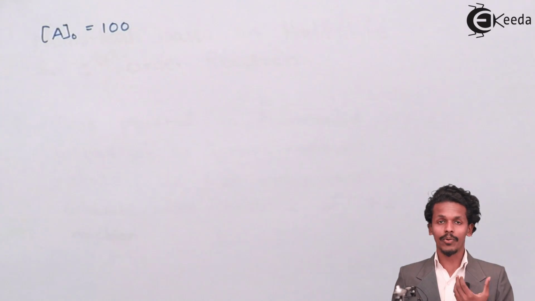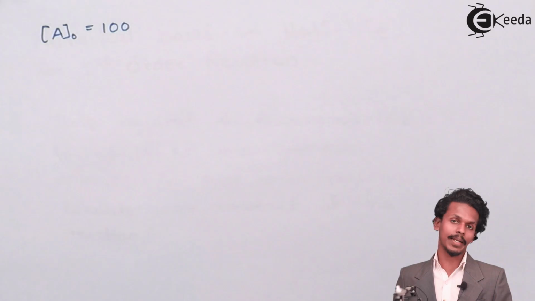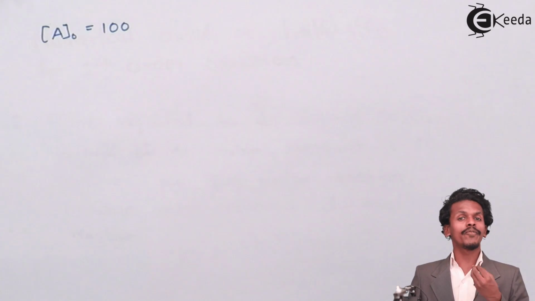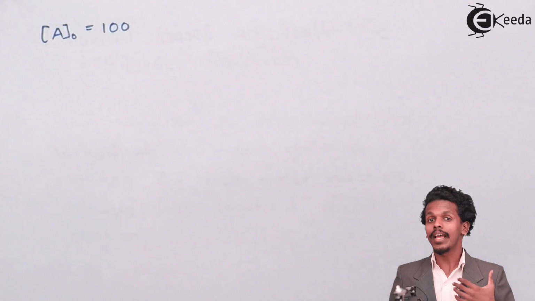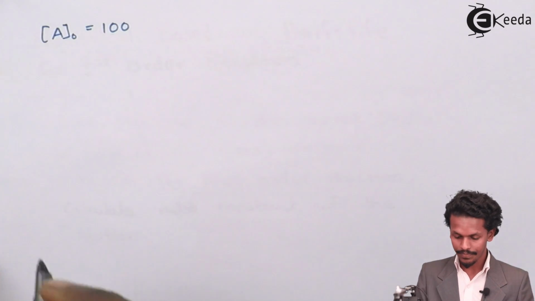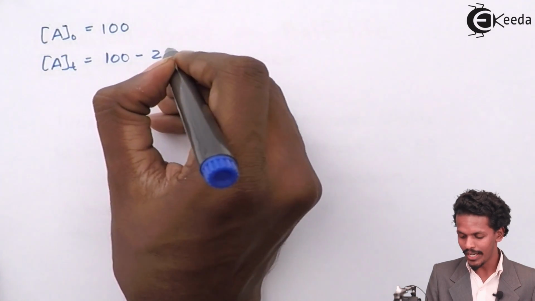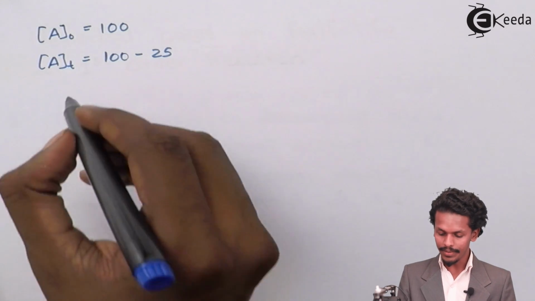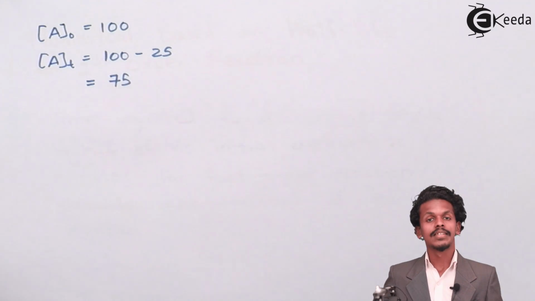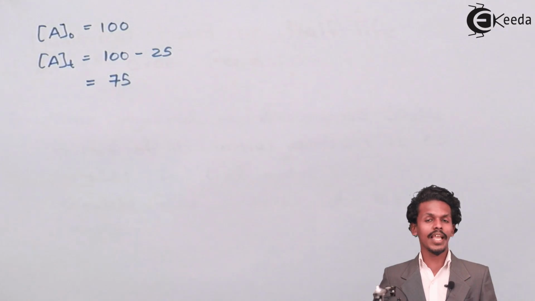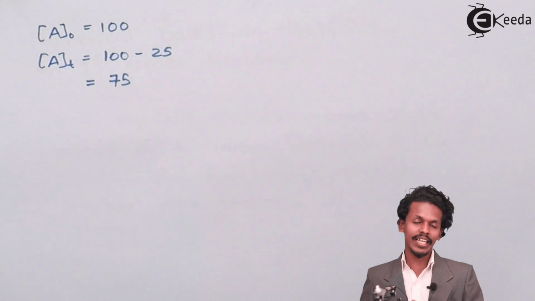After some time 25 out of 100 has been reacted, so the amount that is left with me will be 100 minus 25, which is nothing but 75.